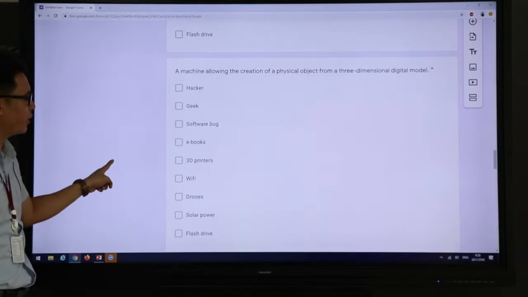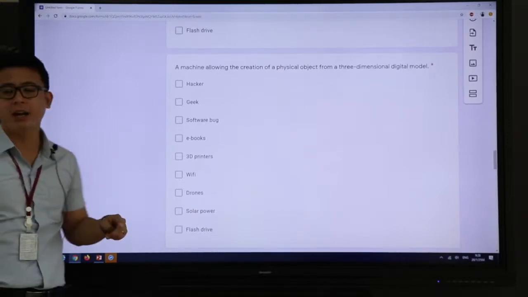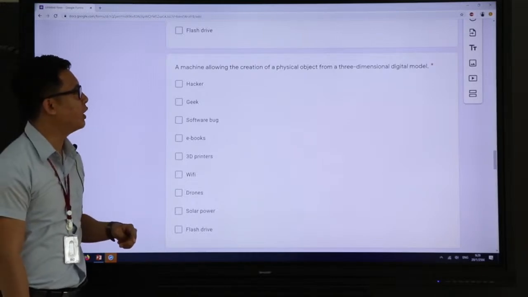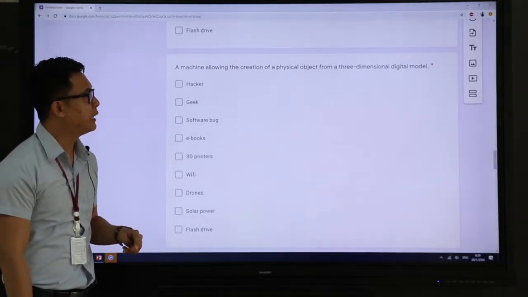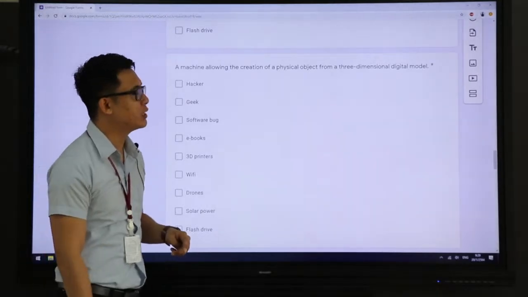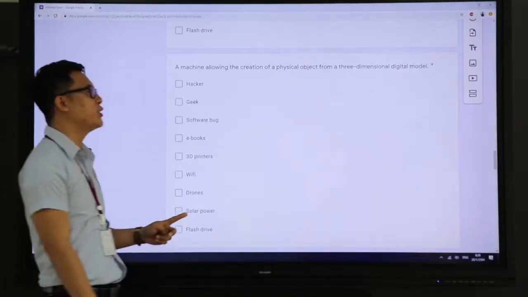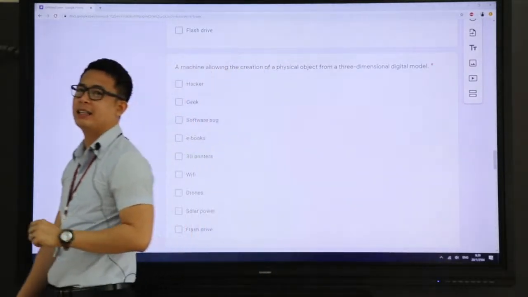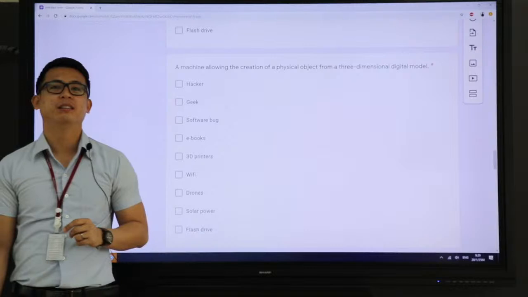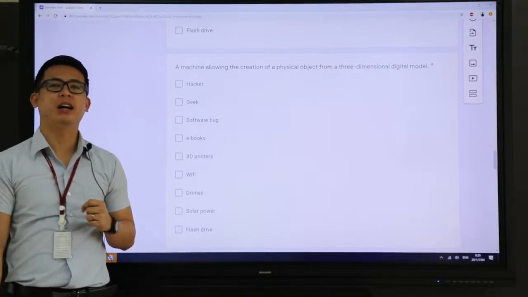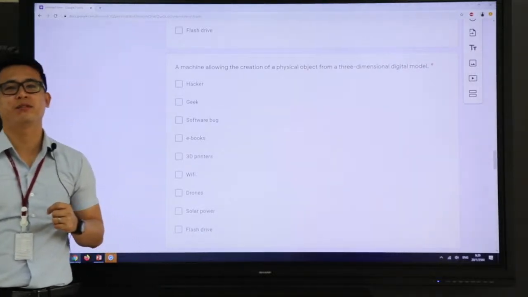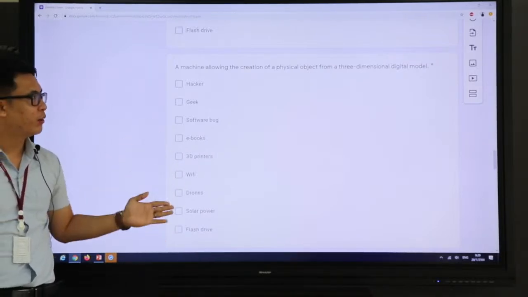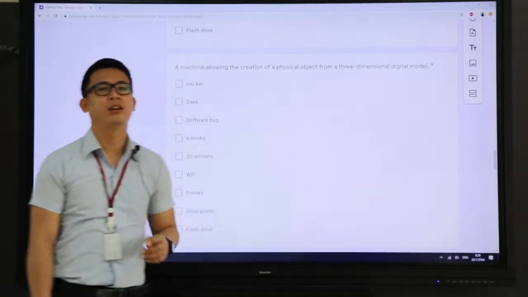Okay, this is the last one I think for the vocabulary part. A machine allowing the creation of physical objects from a three-dimensional digital model. I want you to take note of the words digital model. That is your clue. During our lesson on this one, a lot of you gave examples using digital models.